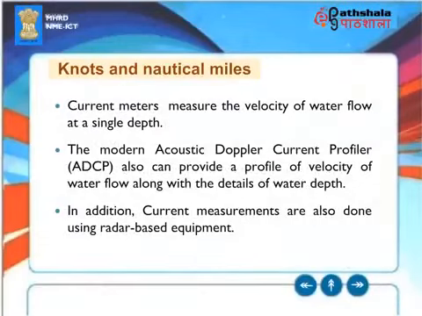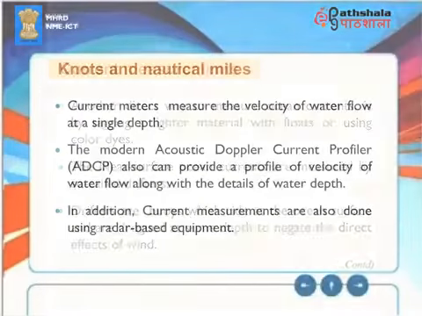Current meters measure the velocity of water flow at a single depth. The modern acoustic Doppler current profiler, ADCP, also can provide a profile of velocity of water flow along with the details of water depth. In addition, current measurements are also done using radar-based equipment.